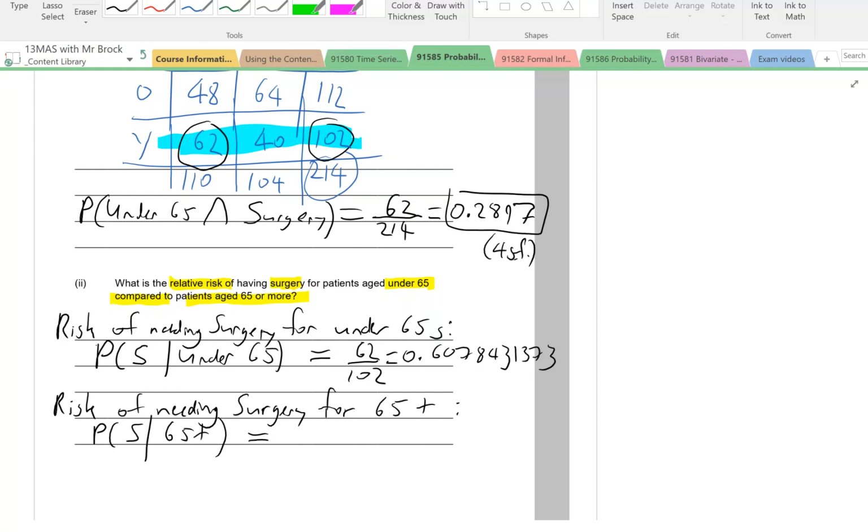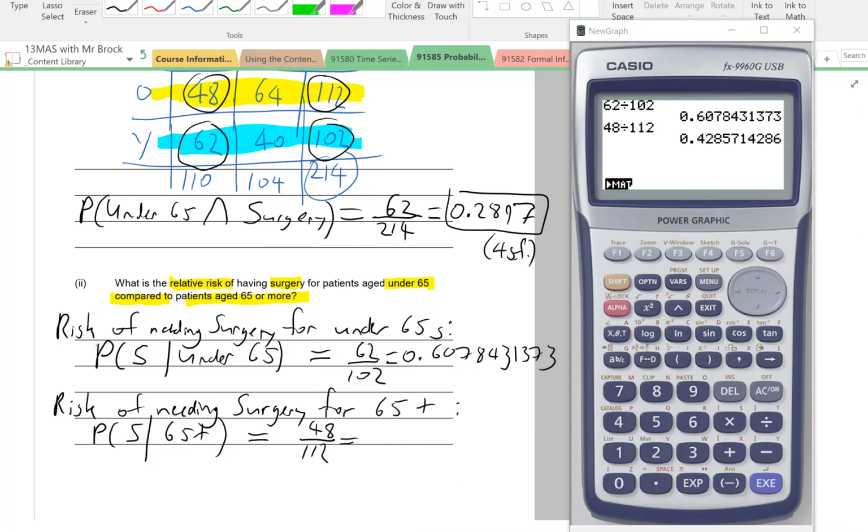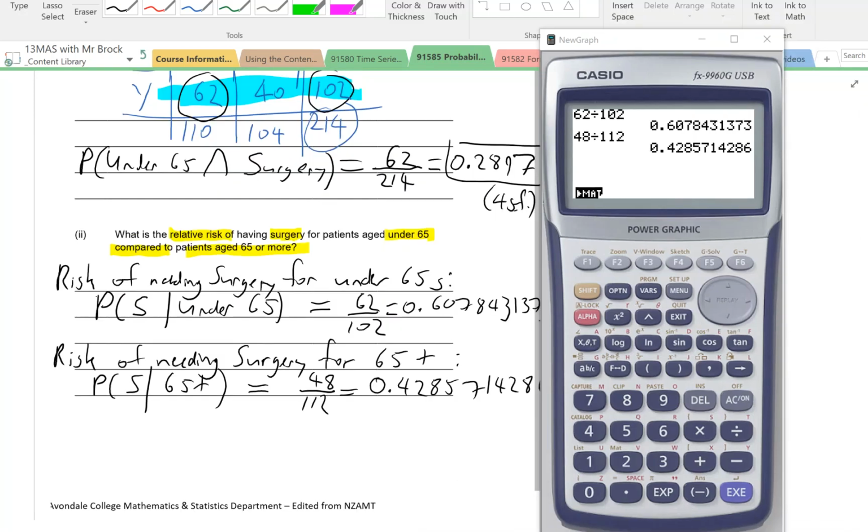It's out of only the 112 oldies, the 112 people aged 65 plus. So I'll write that first. So out of 112, and it is going to be 48. And so what's that as a decimal? There it is. So 0.428, etc.